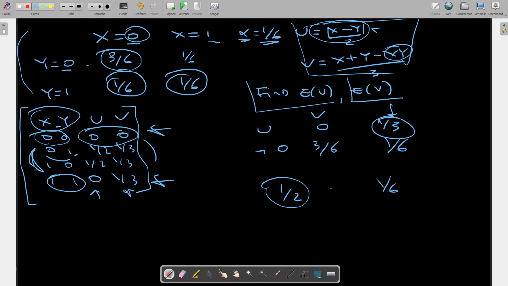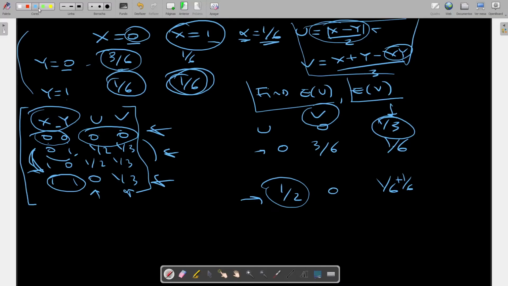But you have another one where x is 1 and y is 1 as well, so 1/6 as well. So you have 1/6 plus 1/6. And in this one, what is the situation where u is 1/2 but v is 0? If you notice this table, we don't have any. So this is 0. No situations here.